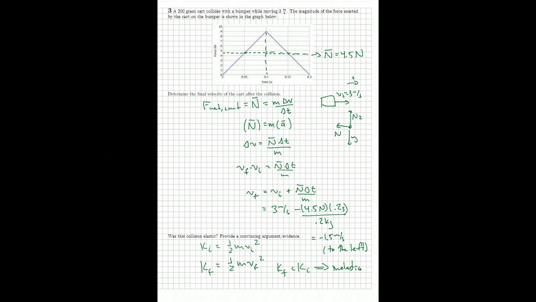An elastic collision would mean that the tiny object would bounce off with the same speed that it went in. So this cart would come back at the same speed. Even if you account for the motion of the Earth, it would be vanishingly small, which means that the final velocity of the cart, if this were elastic, would be really, really close to -3. So in like the 15th decimal place or something, it would be different.